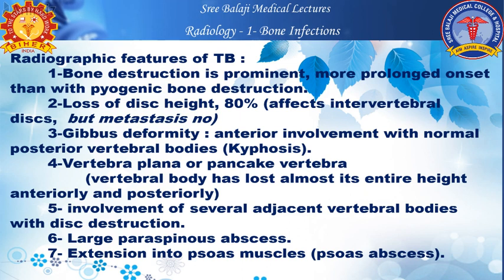When the lesion involves the anterior and posterior planes equally and the disc height is reduced in parallel, it is called vertebra plana. After this, the infection extends into the paraspinal spaces. It forms a large paraspinal abscess with extension into the psoas muscles, resulting in a psoas abscess.